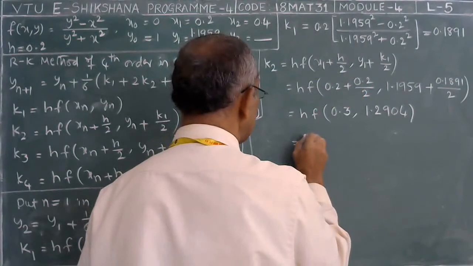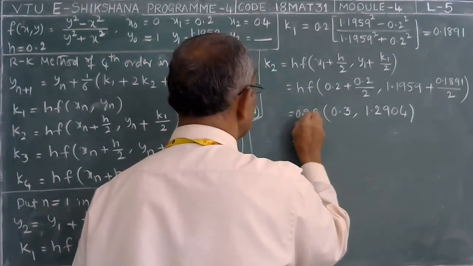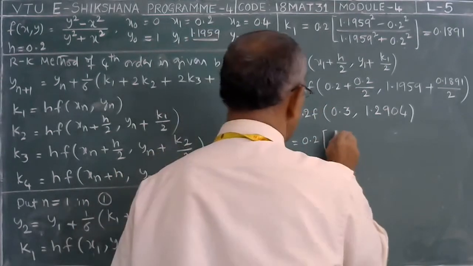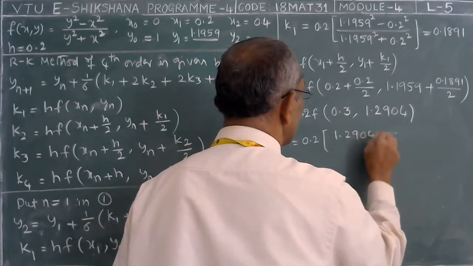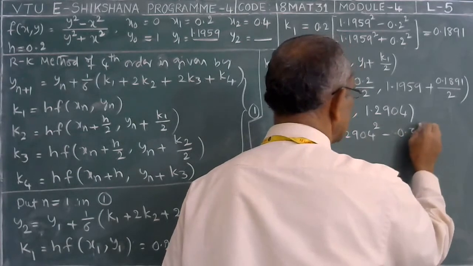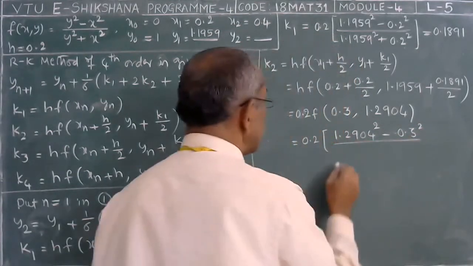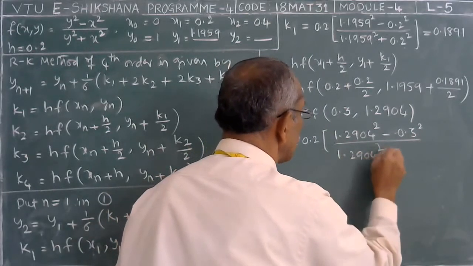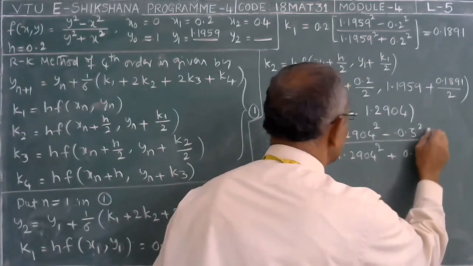By using definition, you can write this is 0.2 into 1.2904 whole square minus 0.3 whole square divided by 1.2904 whole square plus 0.3 whole square.